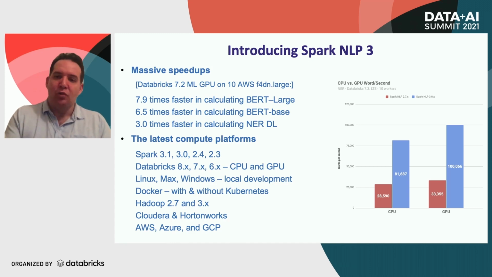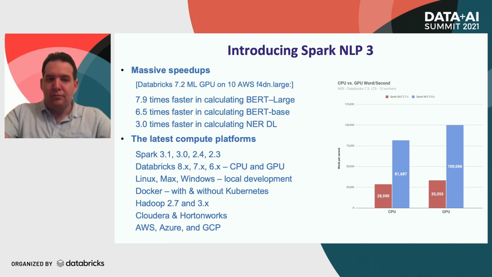What you can see here on the right are recent performance benchmarks. These are benchmarks we did on Databricks 7.2, on AWS with 10 different machines, just comparing Spark NLP 2.7 with Spark NLP 3. As you can see, calculating BERT is between 6.5 and 7.9 times faster.